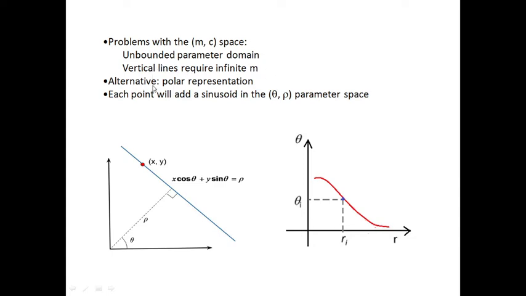So the alternative solution is the polar representation. In the normal case, a point in the image space is a line in the Hough space. But whenever I use this polar representation of a line instead of a 2D Cartesian representation, a point will map to a sinusoid in the parameter space, having the axes theta and rho or r.